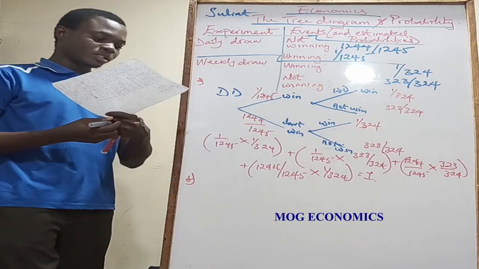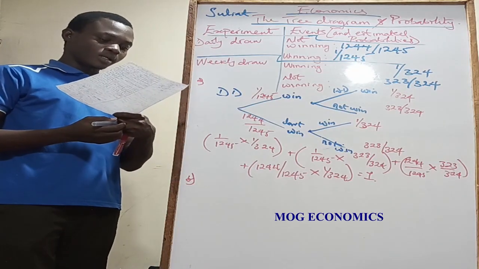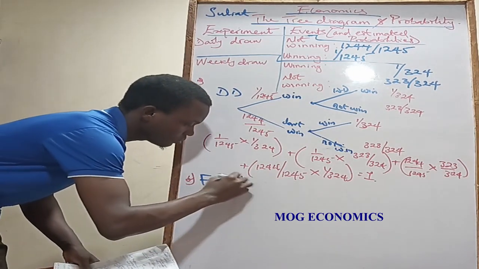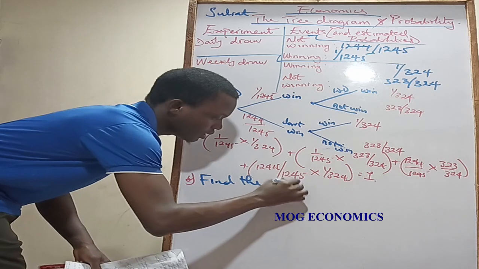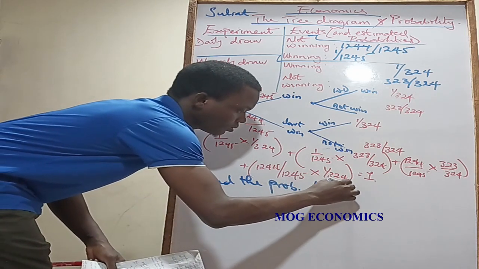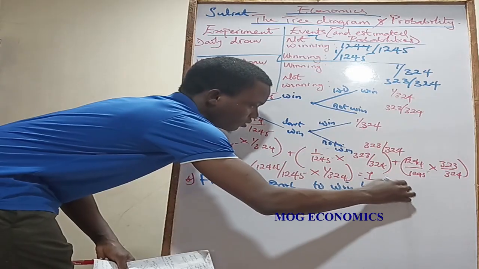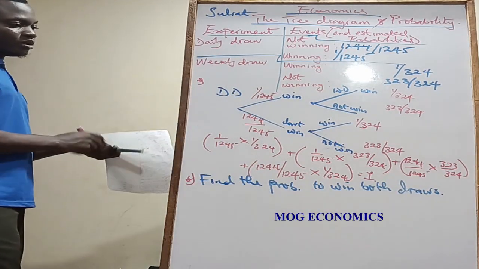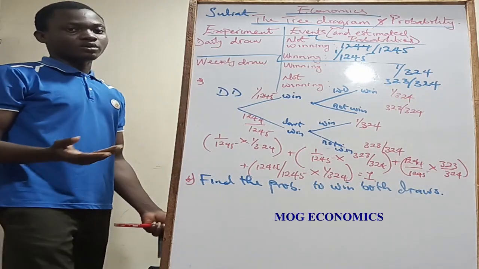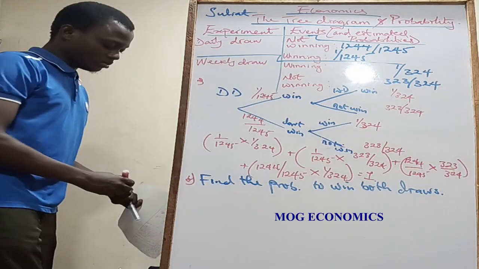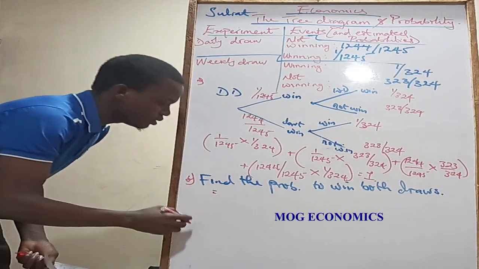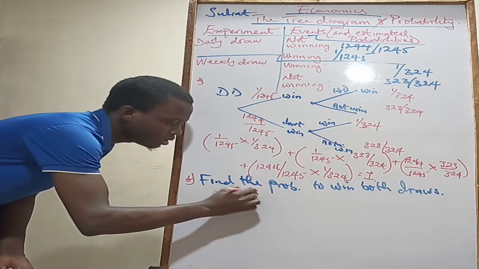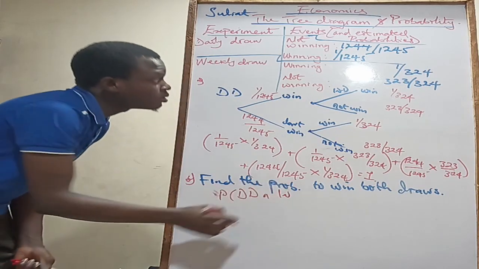So B says find the probability that Suliat would win both draws. So find the probability to win both draws, both daily and weekly. So what's that? It's kind of easy. It means the probability of winning the daily draw and the probability of winning the weekly draw. So we have the probability of the daily draw DD intersection the weekly draw WD.